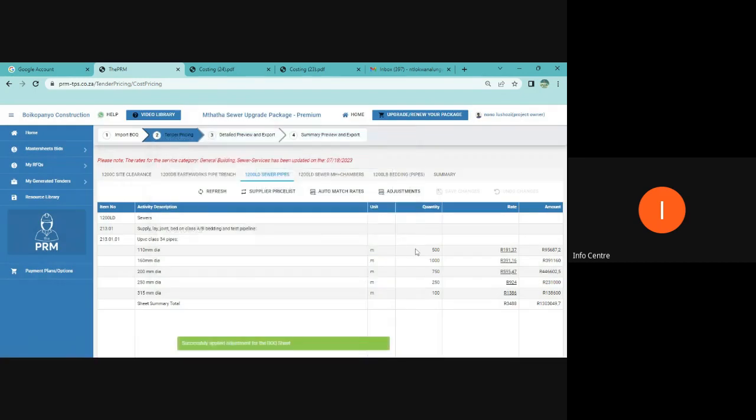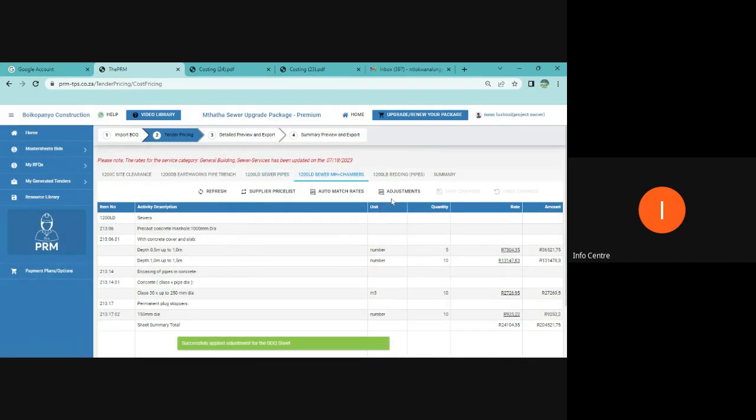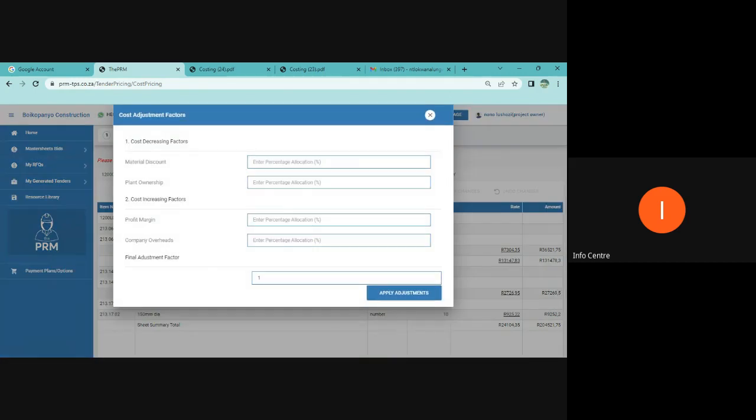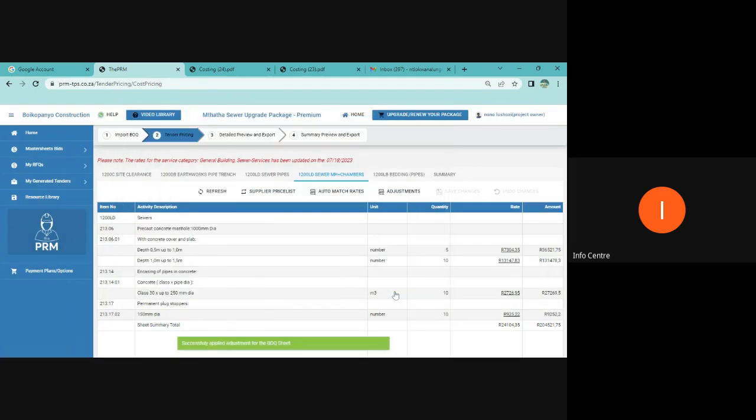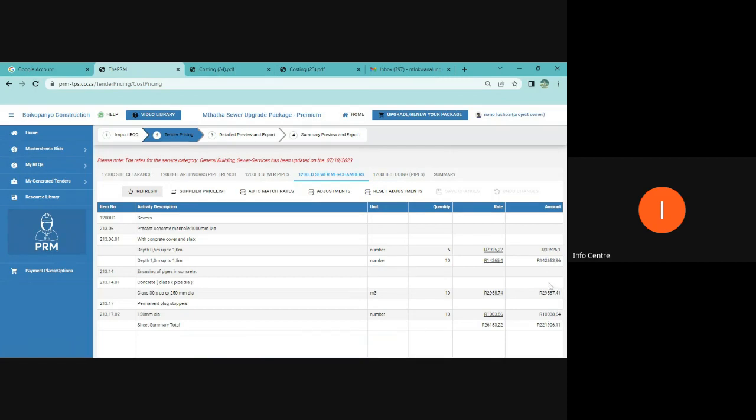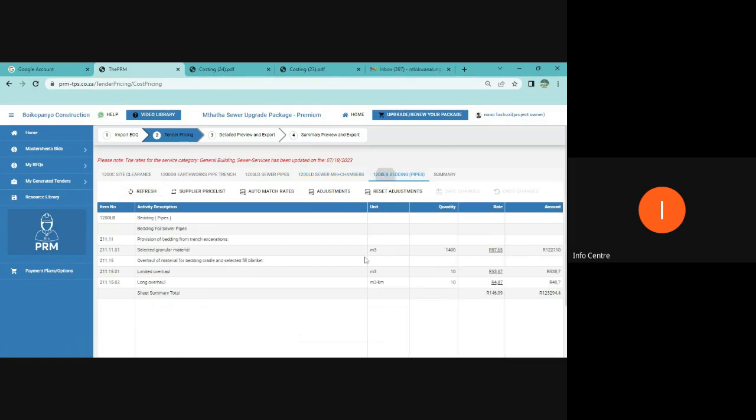And I say apply. And I refresh. I go to the next one. Adjustment. I go 7. I go 10. I adjust. Then I refresh. You can see when I click refresh, it updates my rates, it updates my amount because it multiplies my new rate with my new amount.